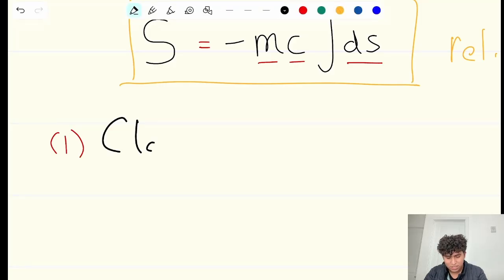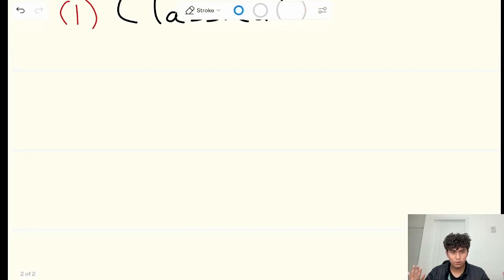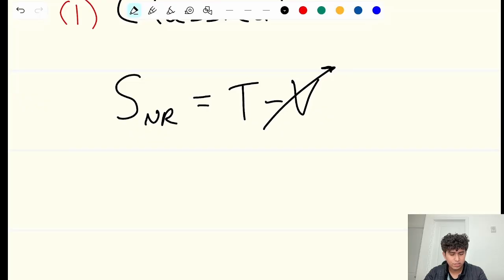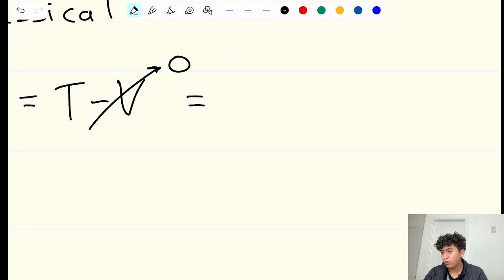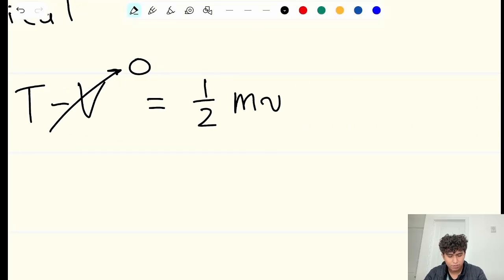So in the classical theory, if you were just to write the non-relativistic action for a point particle, thinking about just a point, you would write T minus V. And let's say there's no potential. So the kinetic energy for a point particle, here I'm writing the Lagrangian, would just be 1/2 mv squared.